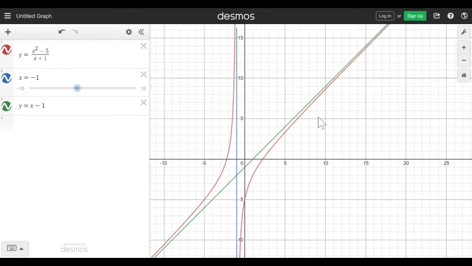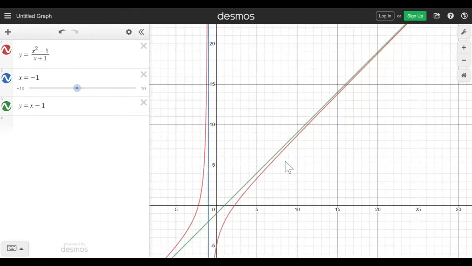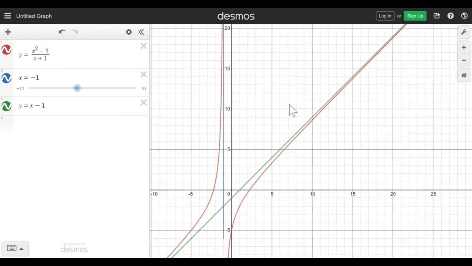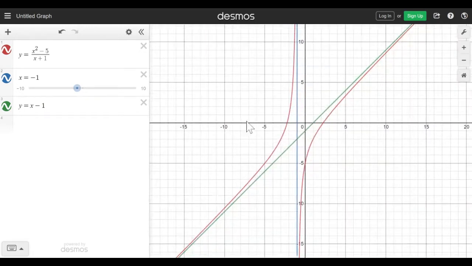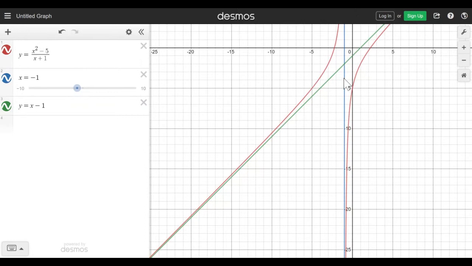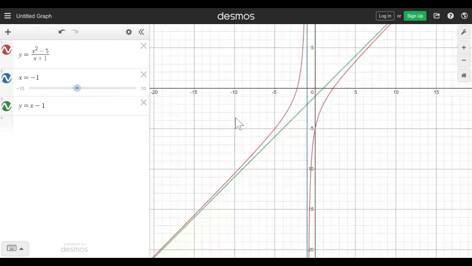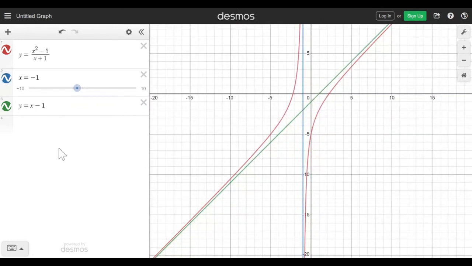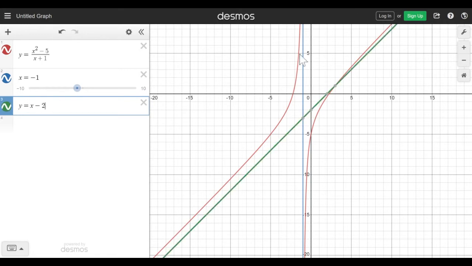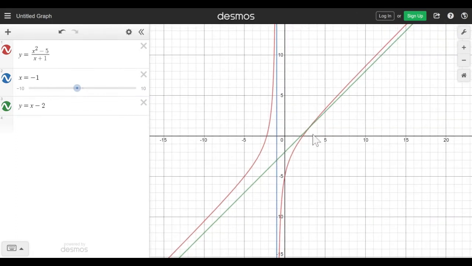As you can see, as I move my graph here, the red curve is approaching the green line but never touches it. Same thing over here at the bottom. So that's exactly the asymptote. Note if you miss that part, let's say you have x minus 2 as your answer, you will know that you missed it. As you can see this part here, the diagonal line, which is our slanted asymptote or oblique asymptote, is now intersecting the graph.